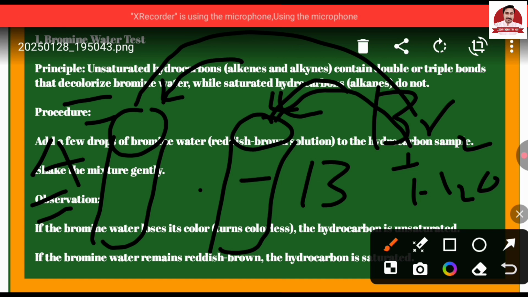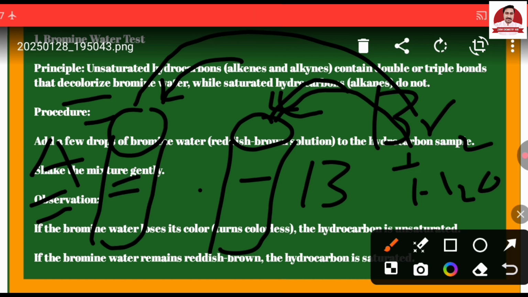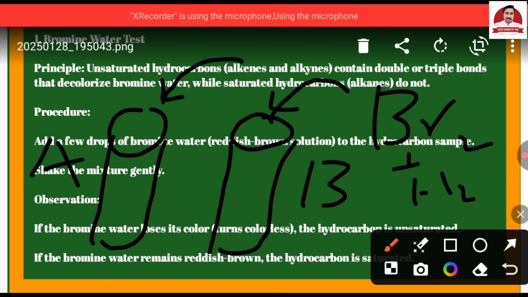And in test tube A, the hydrocarbon is unsaturated, containing a double bond. So in this way we can distinguish the saturated and unsaturated hydrocarbons by the bromination test.